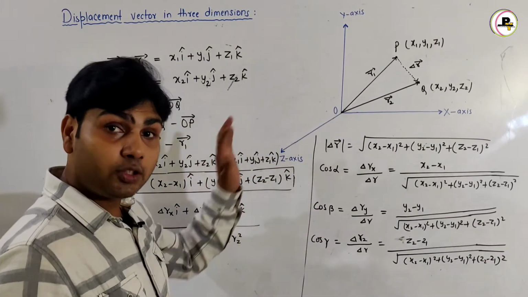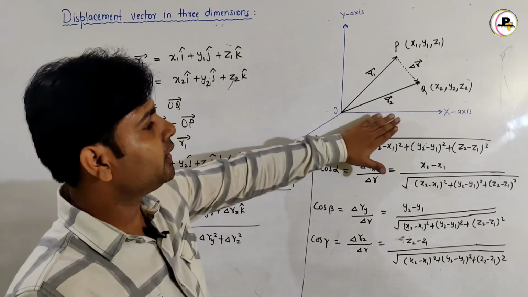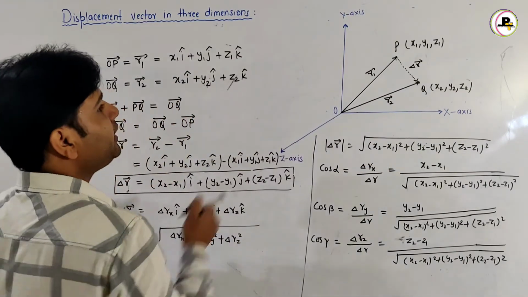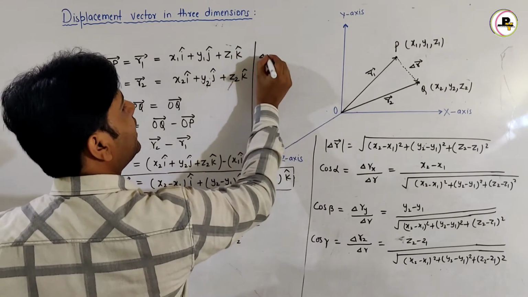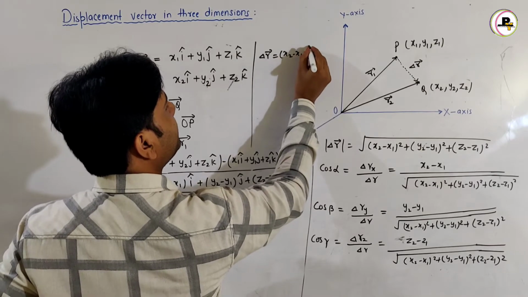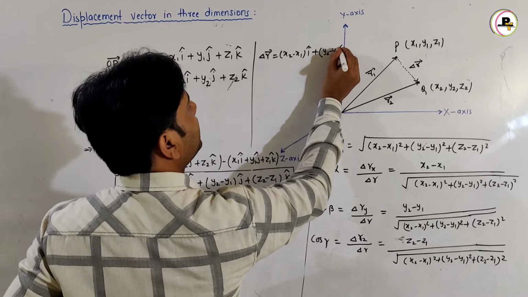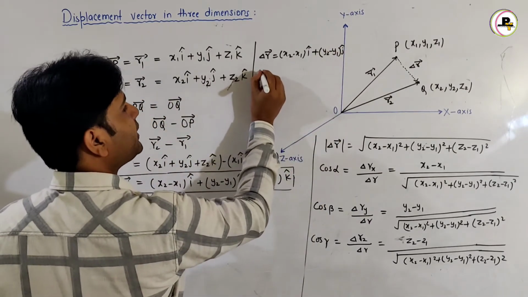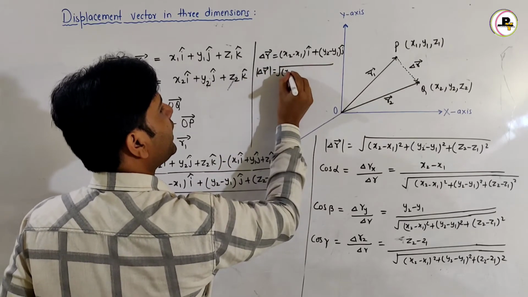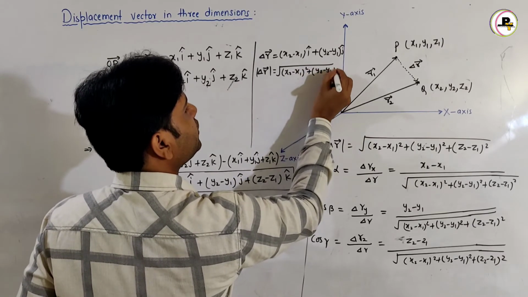If it would be two-dimensional, if I would take only a two-dimensional rectangular coordinate axis, then at that time delta r vector would be written as (x2 minus x1) i cap plus (y2 minus y1) j cap, and the magnitude of the r vector would be equal to the square root of (x2 minus x1) the whole square plus (y2 minus y1) the whole square.